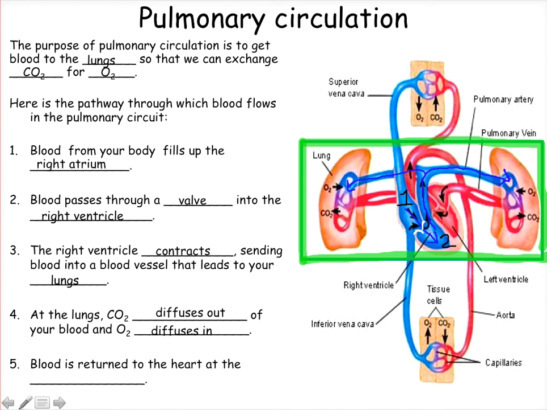Sorry, I'm just realizing the red's not going to show up. Let's see, I'll use pink. We can see this in the diagram as the blue changes from purple to red. That's indicating that oxygen is diffusing in. And that's what we want, because eventually we're going to have to send this blood off to the cells. From there, you can call that step 3 here.